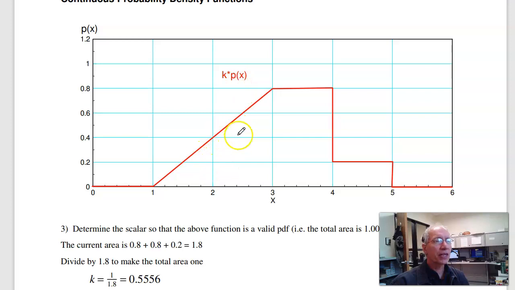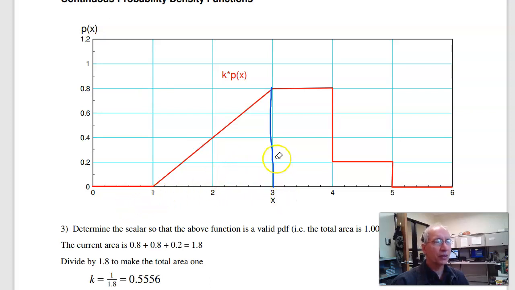So I can kind of figure that out. This triangle right here, the area of a triangle is 1/2 base times height. So this is 2 times 0.8, 0.4, times 1/2 is 0.2. That's this area. 1/2 base times height. 2 times 0.8. I didn't do that right. 1/2 base times height.